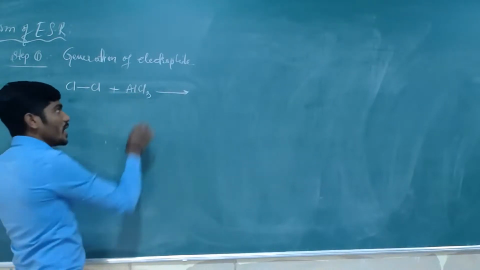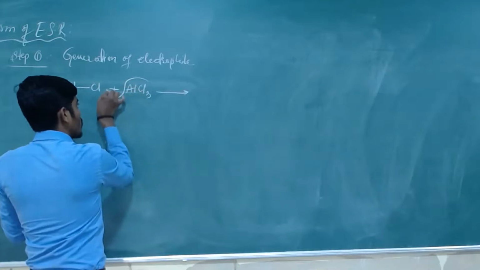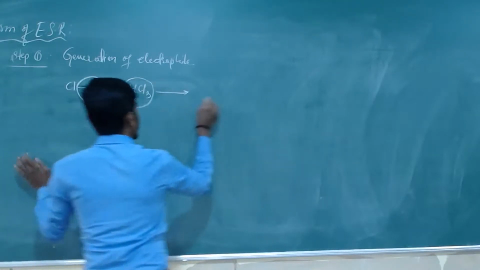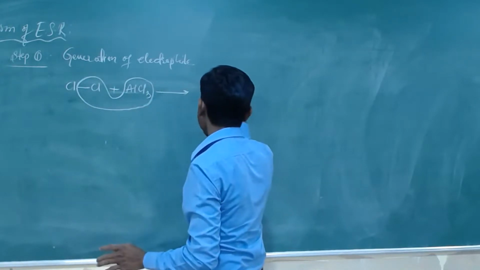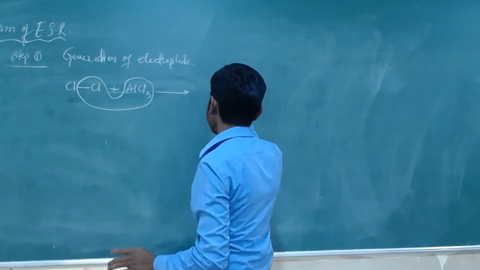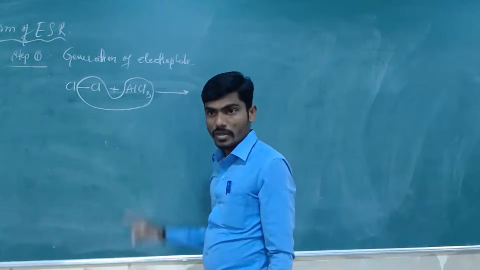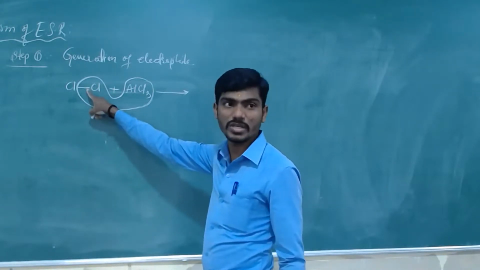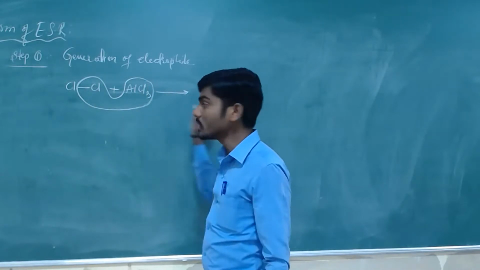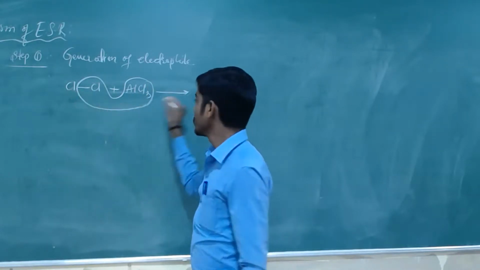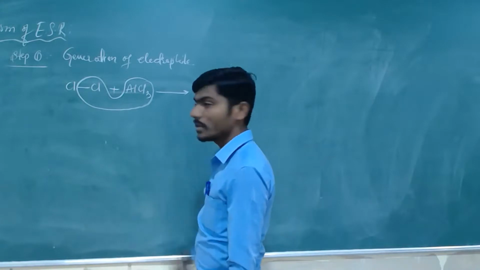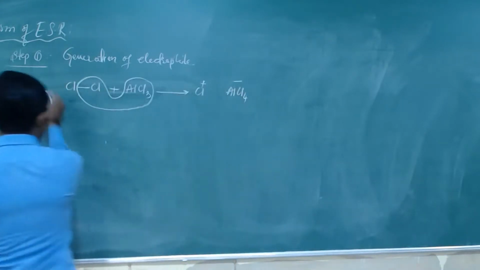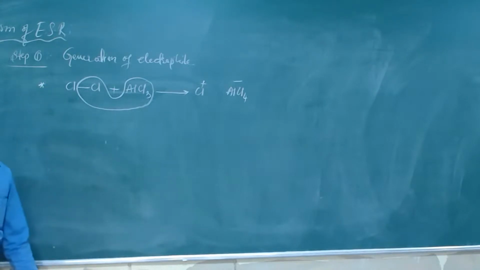It first coordinates with one Cl minus ion and forms AlCl4 minus. AlCl3 is deficient by 2 electrons, which it takes and carries. The remaining part is Cl plus. This is in the case of halogenation.